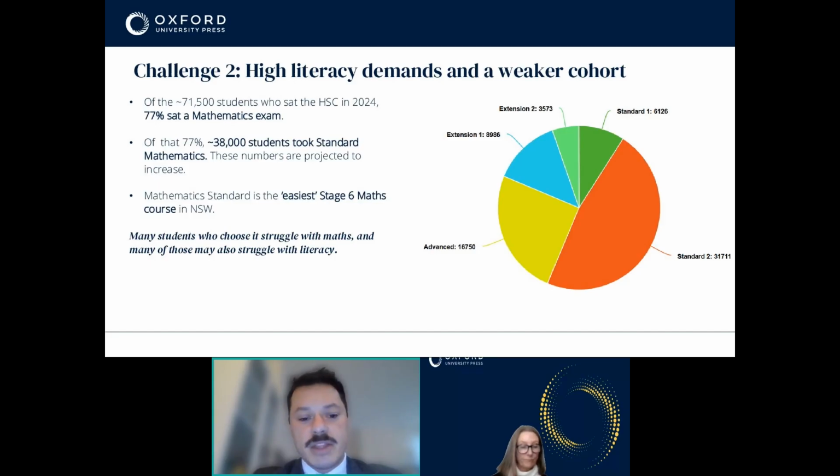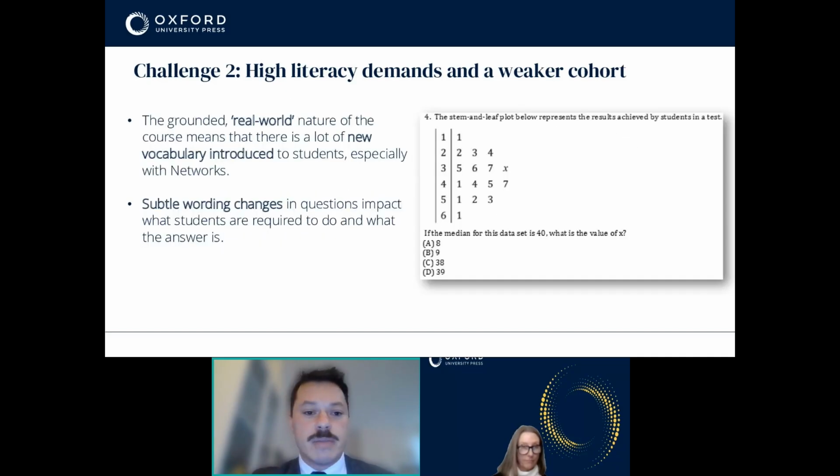Mathematics standard is seen as one of the easier courses, and given the numbers of mathematics students that you're probably getting in your schools, timetabling against mathematics is very hard. So a lot of the time students will end up in standard mathematics even if they maybe didn't want to do standard mathematics. You might have classes with students that have struggled with mathematics their whole schooling. Their numeracy may be weak, their literacy may be weak.